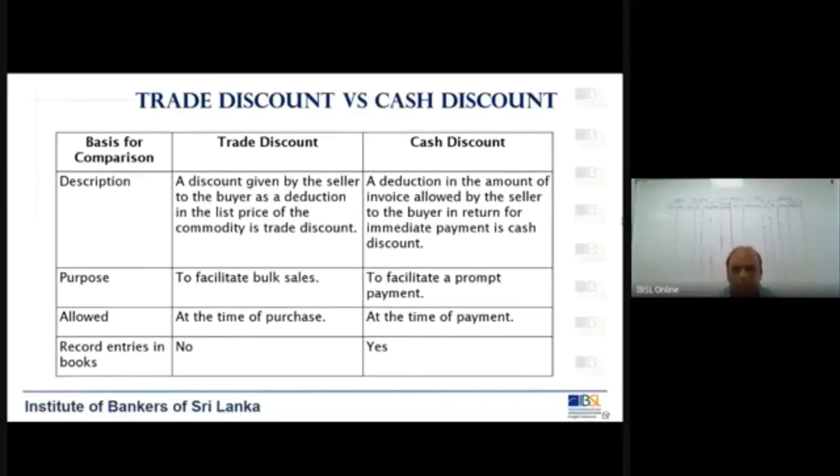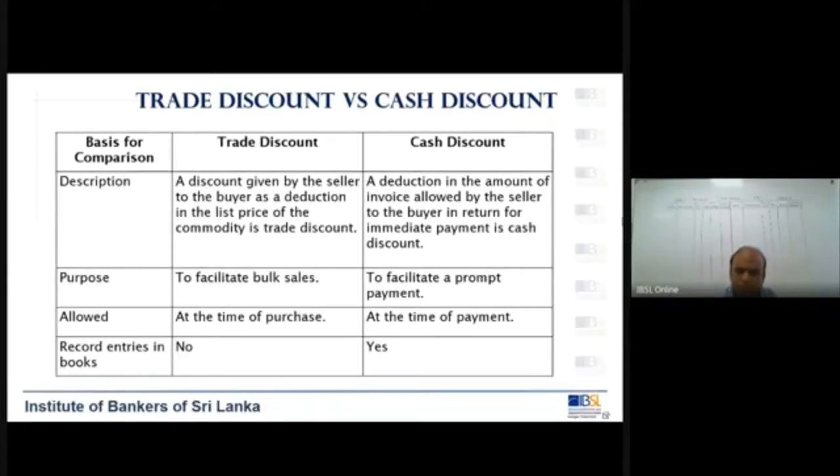Cash discount is something different, which is a deduction in the amount of invoice allowed by the seller to the buyer in return for immediate payment.